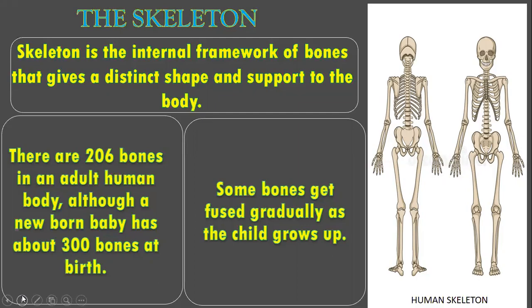There are 206 bones in an adult human body, although a newborn baby has about 300 bones at birth. Some bones get fused gradually as the child grows up, so the number decreases from 300 to 206 bones.